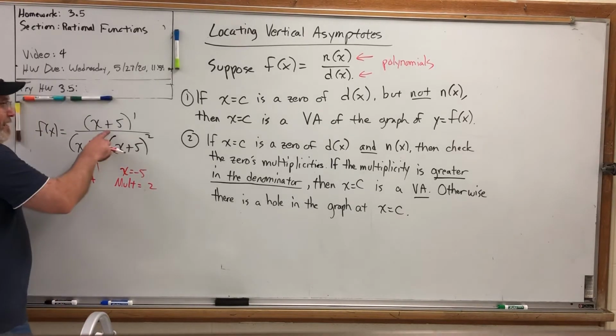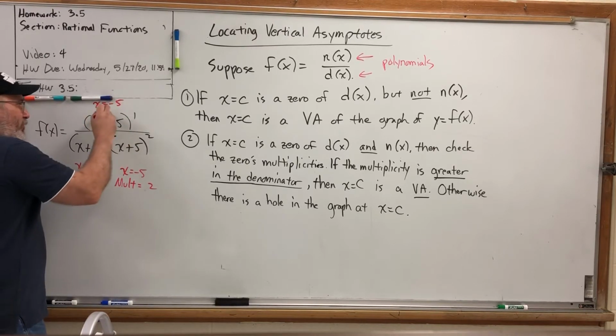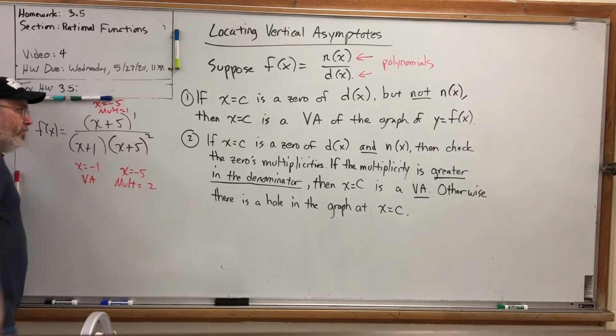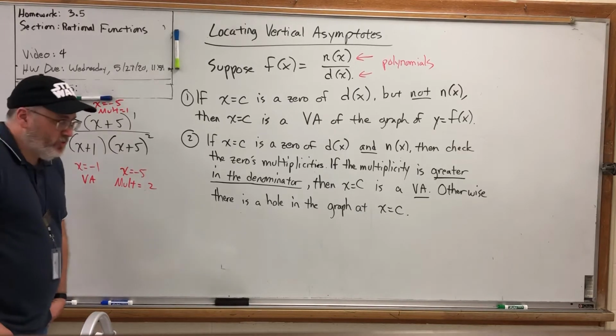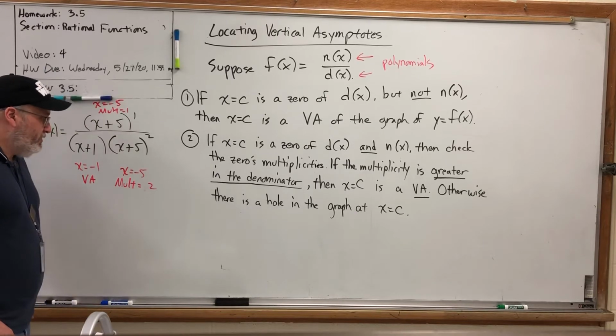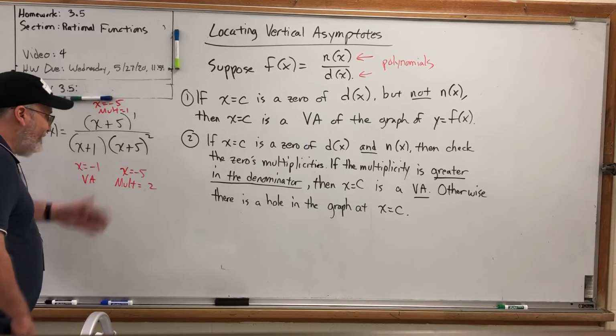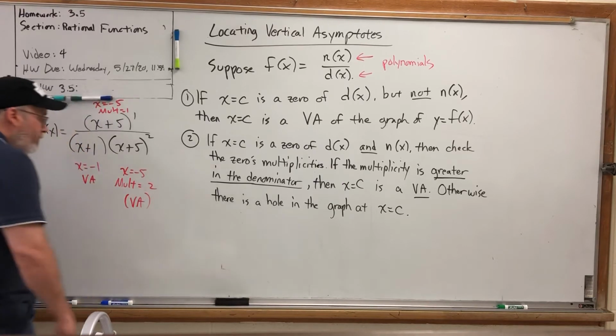But negative 5 is also a 0 on the top, and its multiplicity is 1. When a value is a 0 of both sides of the fraction, then it comes down to multiplicities. If the multiplicity is greater in the denominator, then it's a vertical asymptote. So as is, x equals negative 5 would be a vertical asymptote.